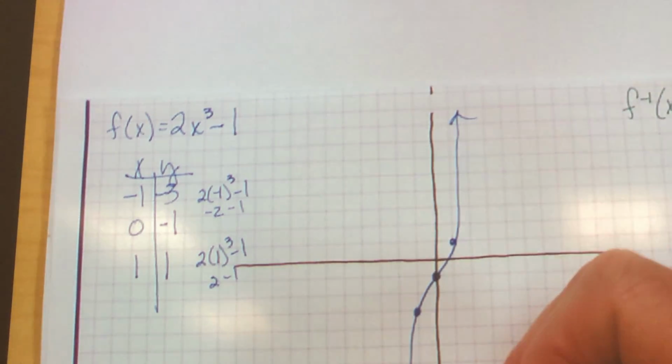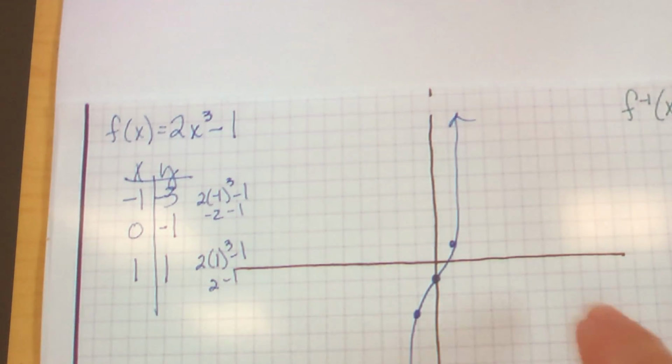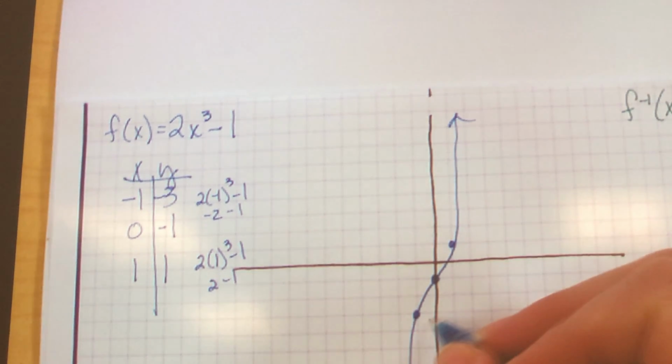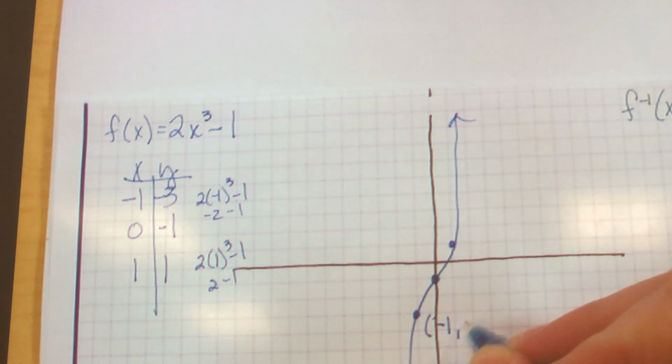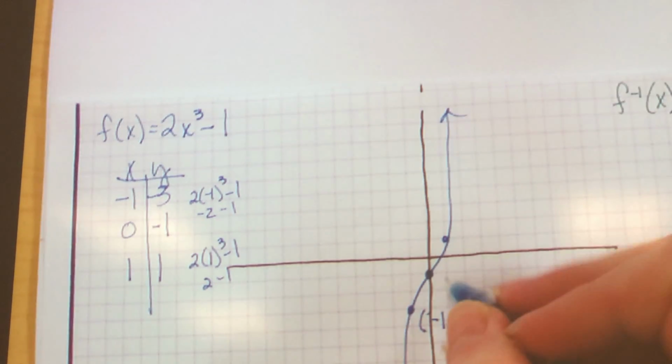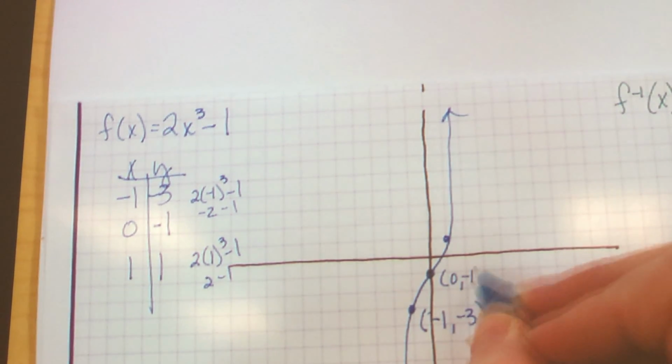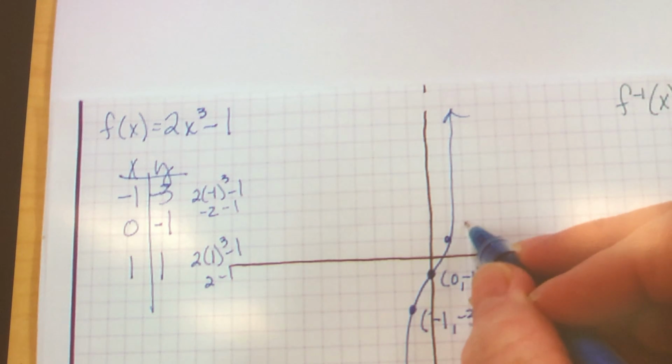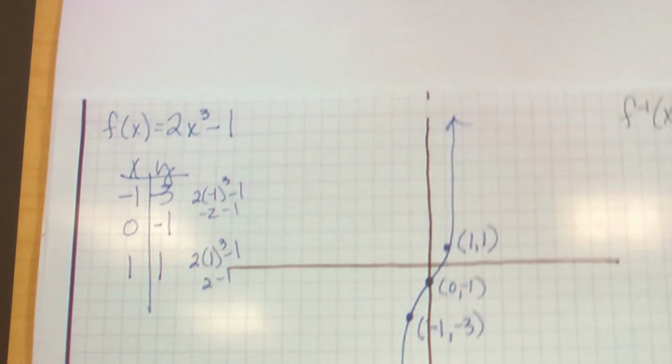And he gets steep really fast, because at the point 2, it's 15. It's way, way up there. So that's why I only did a few. I'm going to write these points here. This is -1, -3. This is 0, -1. And this is the point 1, 1.